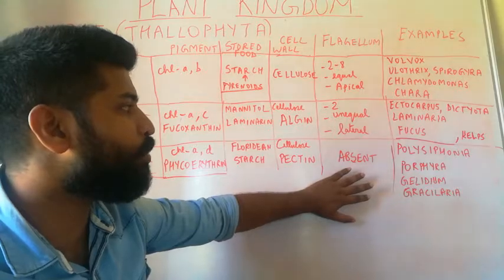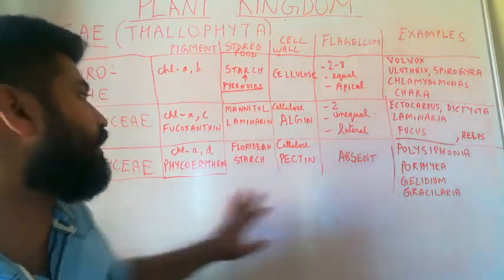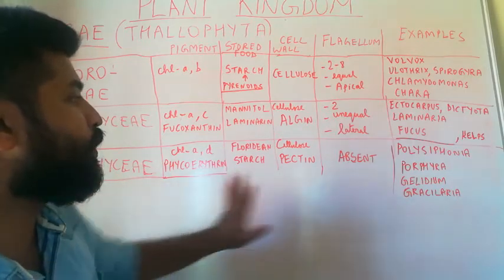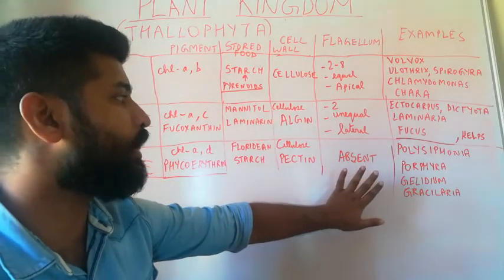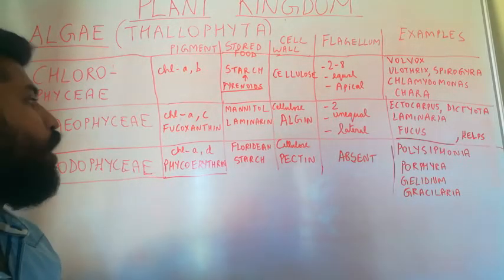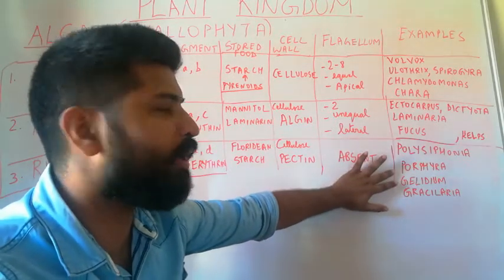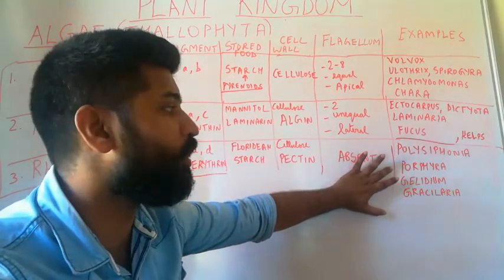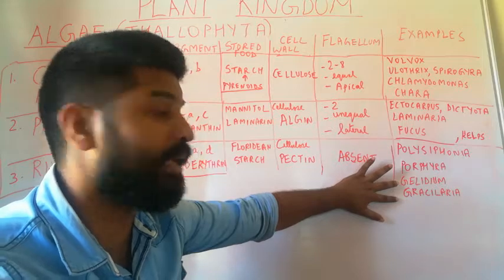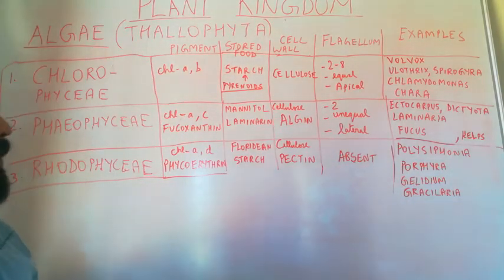The fertilization process and post-fertilization events are highly complex in Rhodophyceae. Spores are non-motile. Examples are Polysiphonia and Porphyra, which is consumed by human beings as food. Gelidium and Gracilaria are excellent sources of the commercial agar-agar which we talked about.